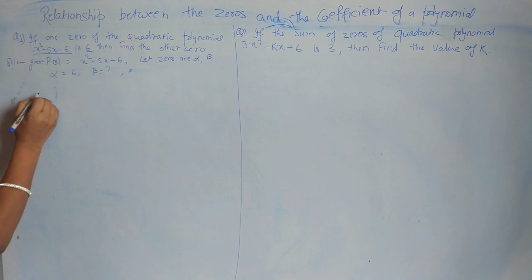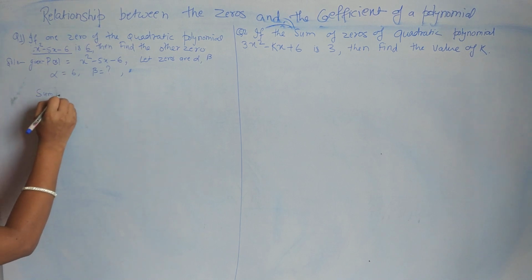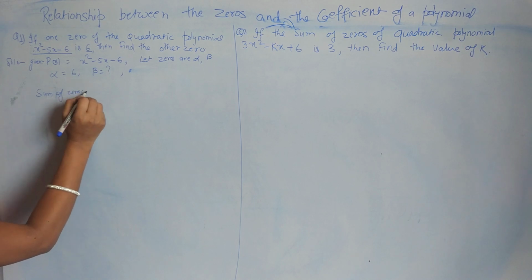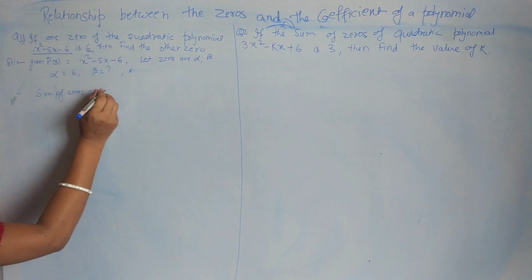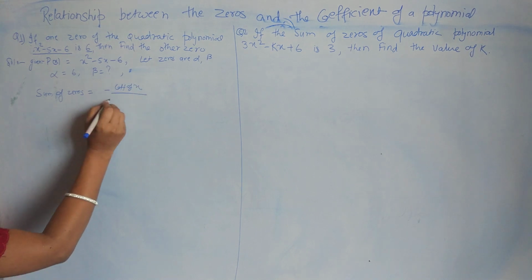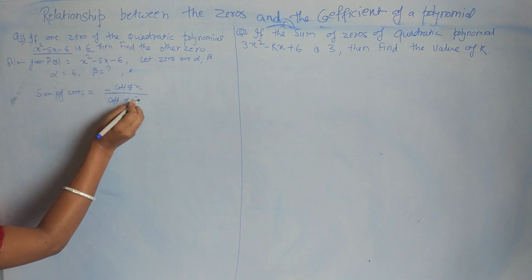We can utilize that the sum of zeros is nothing but minus coefficient of x by coefficient of x square.